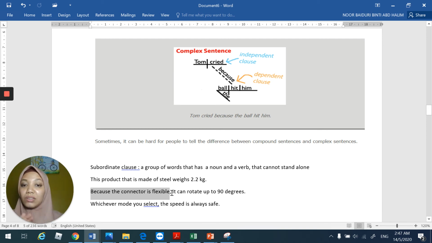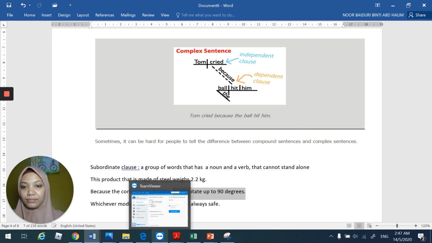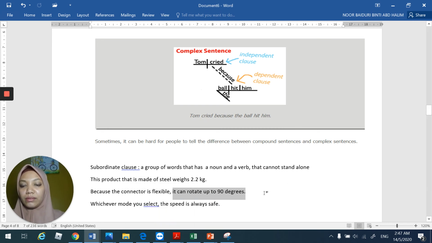Okay, your sentence is not complete. Because of that, normally for complex sentence ni, you have two parts. We call it, this one part 1, this one part 2. Okay, kena ada. People make mistake when they have only one part, "because the connector is flexible", and then they buat full stop.